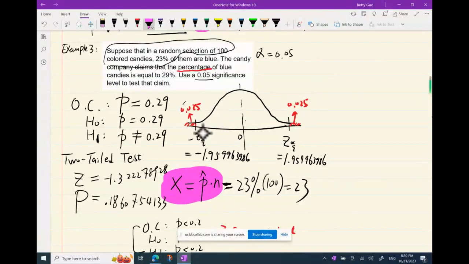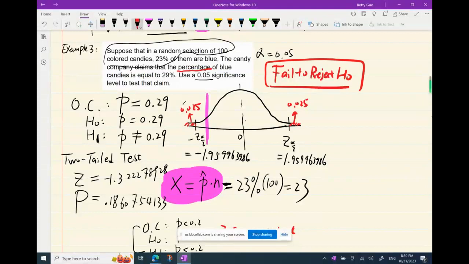Let's see where the test statistic falls. Negative 1.3 is to the right of negative 1.96, so it's around here. So it falls in the blank region. If it falls in the blank region, we fail to reject the null. If we use the p-value method, compare the p-value with alpha 5%, you can see the p-value is high.